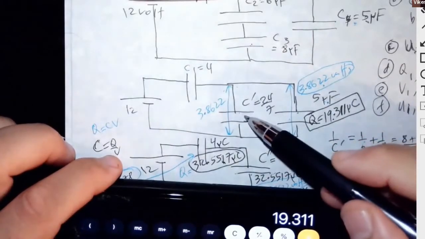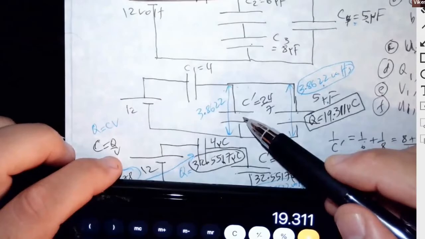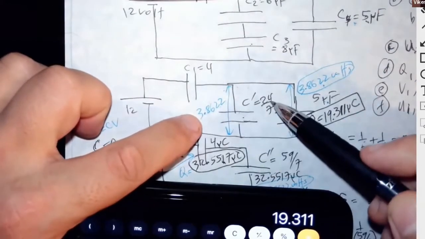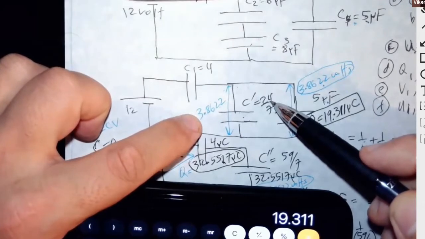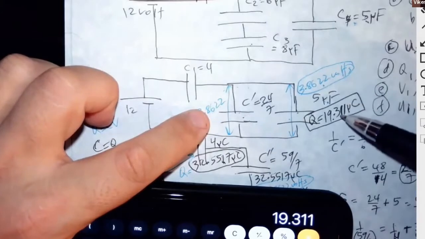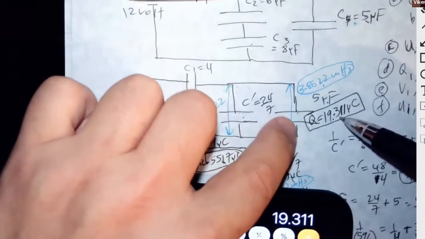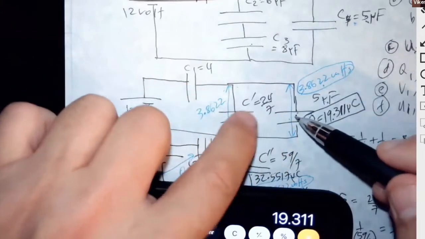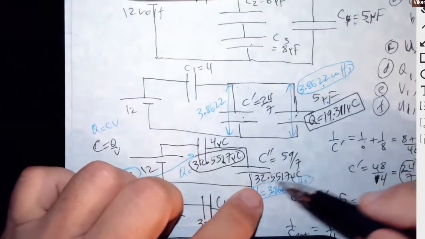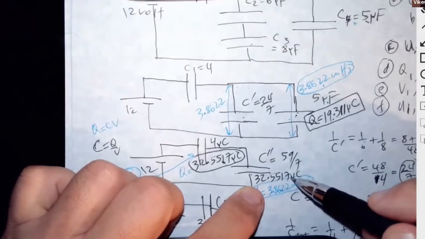And then how about the charge of this one? Well, again, I could say two ways. I know its voltage and I know the capacitance here, so I can multiply them. Or I could say, take the charge that's here, subtract it from the combined charge. So this one had how much charge? 32.55, you see?